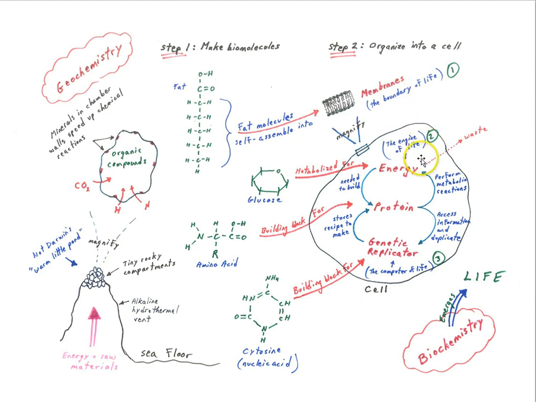In addition, you have to have an engine, a metabolic engine, some capacity to extract energy from your food. And for living cells on Earth, proteins are the ones that do this. And you have to have a computer. Now, that analogy here is meant to mean that you've got to have some way of regulating the activities within the cell.